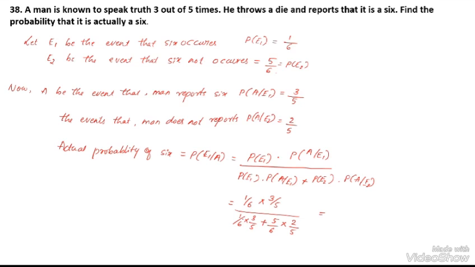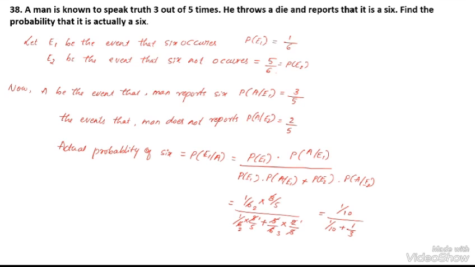Now calculate here. 5 gets cancelled. 3 ones are 3, 2 threes are 6, so it is 1 by 10. Divided by 1 by 10 plus 1 by 3.